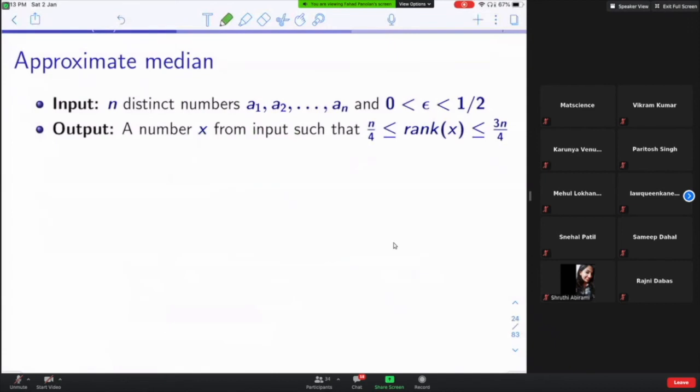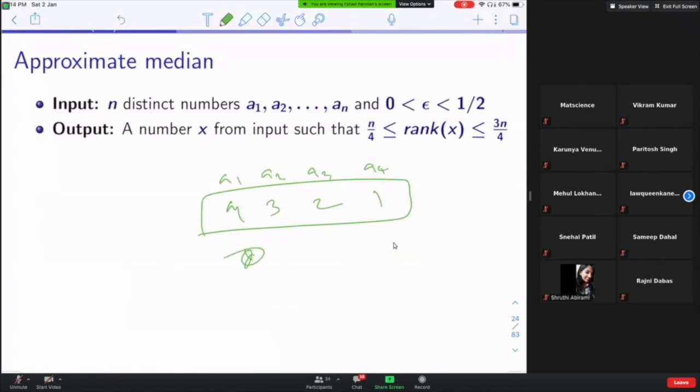Okay, rank. What is a rank i element? A rank i element is the element in the sorted list of A1 to An which goes in the ith location. Suppose this is 4, 3, 2, 1, so A1, A2, A3, A4.